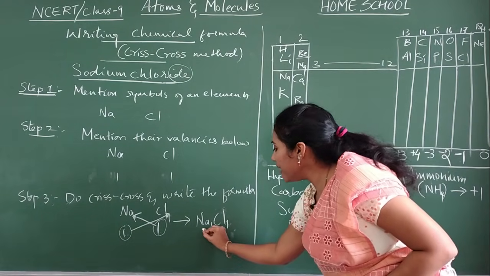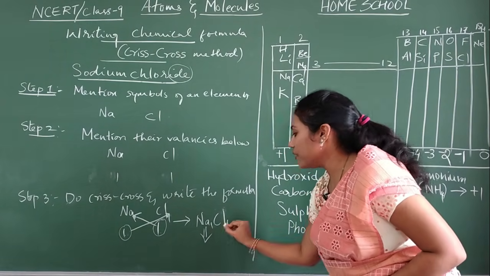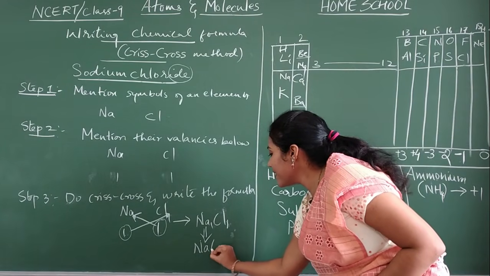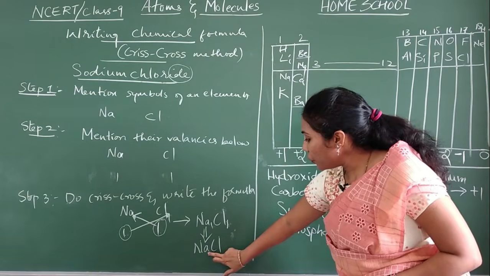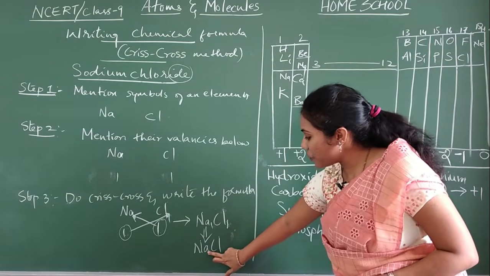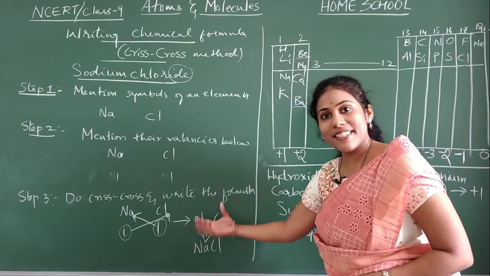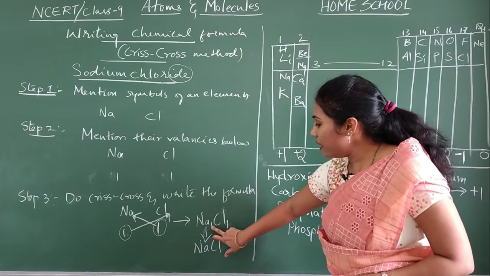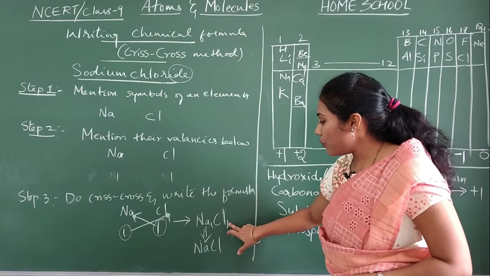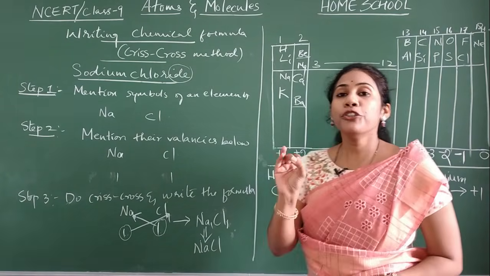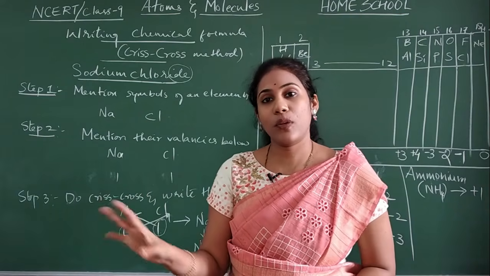Actually, when there is 1, you no need to mention. You can just write it as NaCl. If no number is there, it is understood that there is 1. So whenever 1 is there as a subscript for any element in a formula, you no need to indicate it.